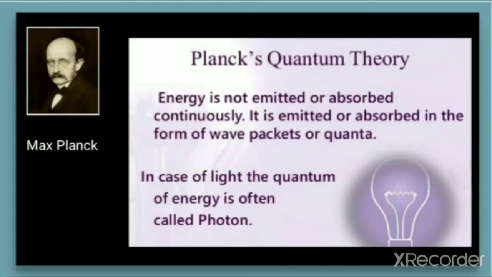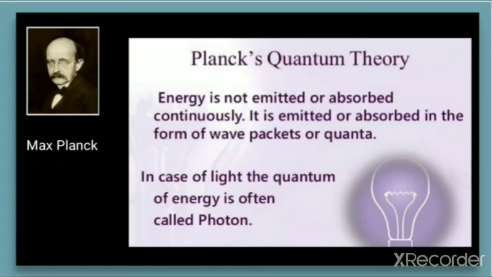Whatever energy is absorbed or emitted by a body does not take place continuously, but in the form of small packets of energy. These packets are called quanta. Particularly in the case of light, the quantum of energy is called a photon.